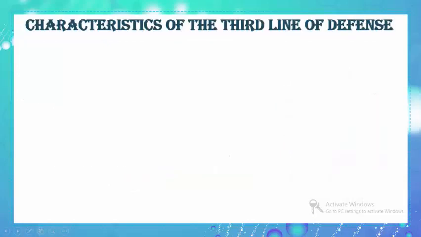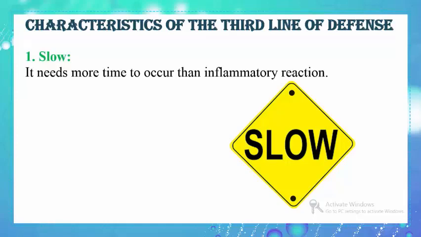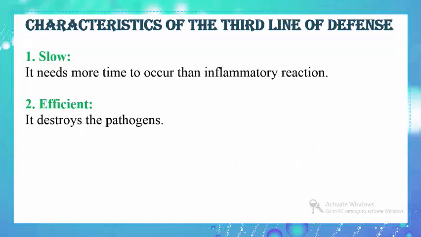Let us now mention what the characteristics of the third line of defense, meaning the second line of immune response, are. First, it's slow. It needs more time to occur than the inflammatory reaction, since it needs time to recognize the pathogen by the T helper cell. Second, it's efficient, where after it recognizes a specific pathogen, it will destroy it.